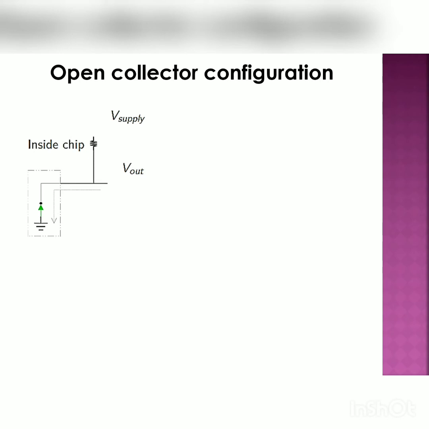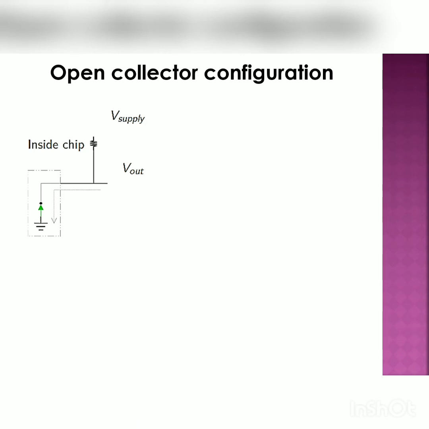Now consider the first case, where the transistor is turned on, shown by the short of the transistor by the green arrow. In that case, the current from the supply flows through the resistance and then through the IC.